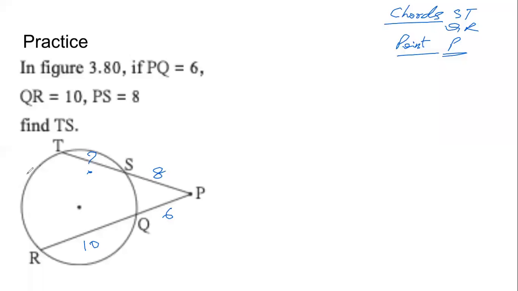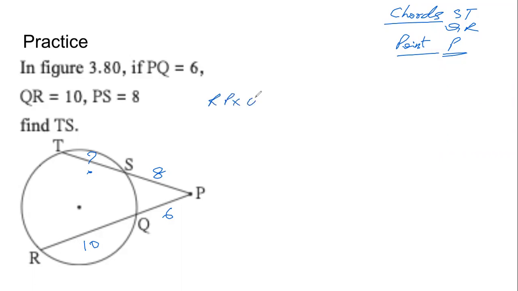Now, using the theorem of external division of chords, tell me what can we write? What is the statement that we can write? We will put the values later. RP into PQ.